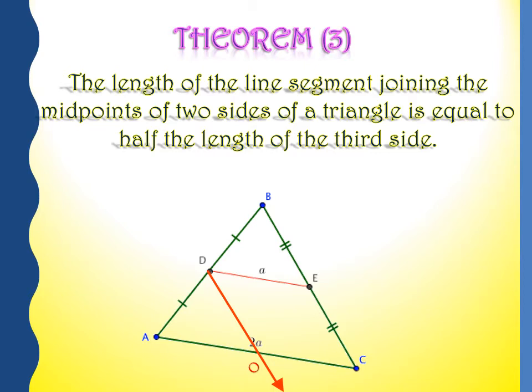This ray from a midpoint and parallel to the opposite side cuts the third side in a midpoint. Then the length of EC is half the length of AC, and we have a parallelogram as shown in the figure here. Each two opposite sides are equal and parallel, then the length of DE equals half the length of AC.